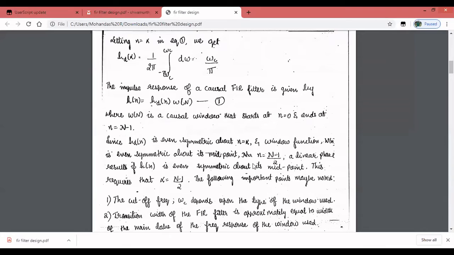That is, a linear phase h of n will be obtained, which is symmetric about its midpoint and linear in nature.